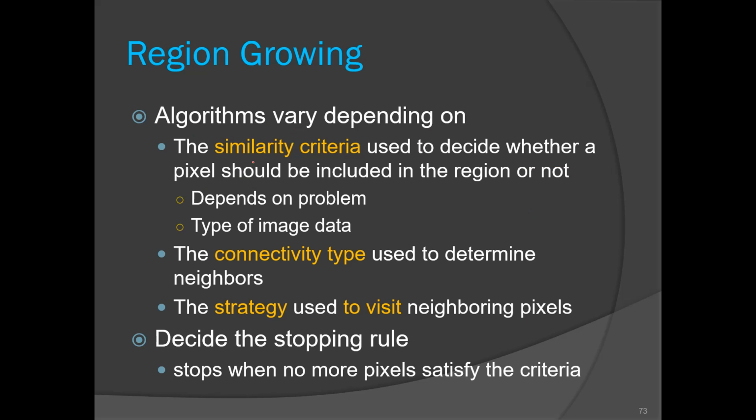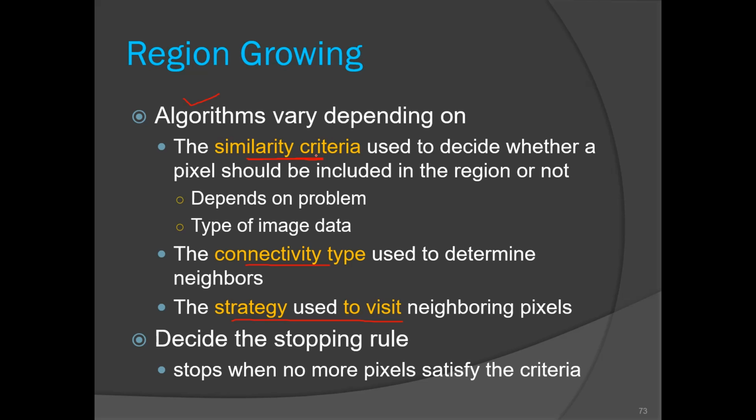Now if you change the similarity criteria, connectivity type and strategy to visit a neighboring pixel, you will get a different algorithm and different output. This similarity criteria is nothing but our predicate.